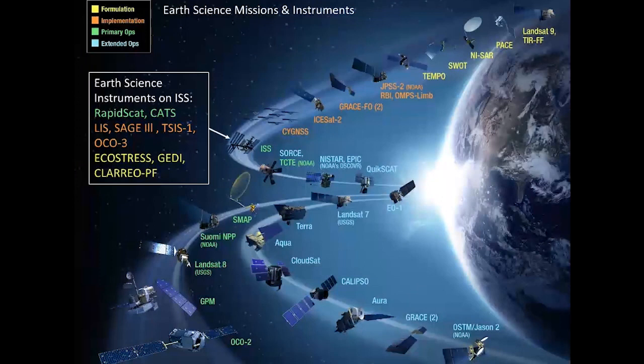So here, and apologies for the low res if it seems fuzzy to some of you, you have the Earth science missions and instruments from NASA writ large, and you can see that we have a lot of things going around in space. And this slide really represents a number of satellites. We have the satellites that are currently in orbit, those that are projected to be in orbit, and then those that have follow-on.